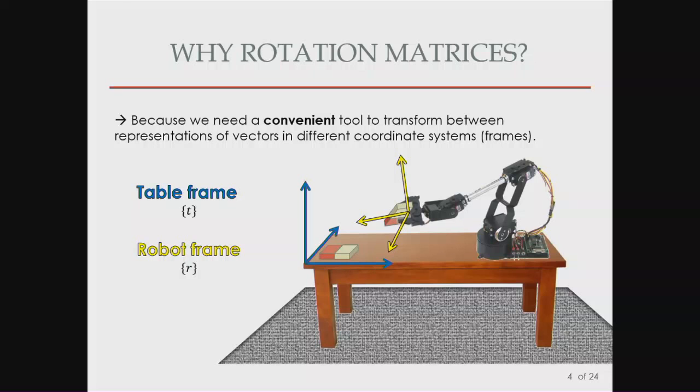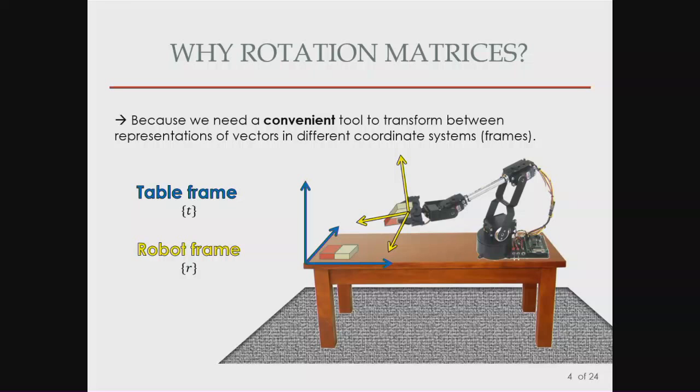And it will be really, really uncomfortable, inconvenient to work with a single coordinate system. So what we are going to do is assign different coordinate systems to our problem and define different vectors in different coordinate systems as convenient to us.